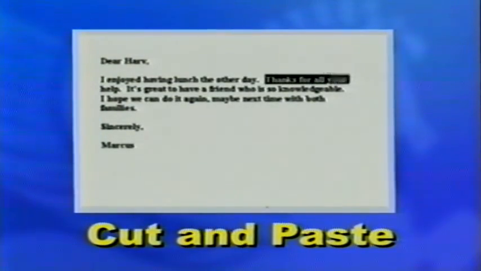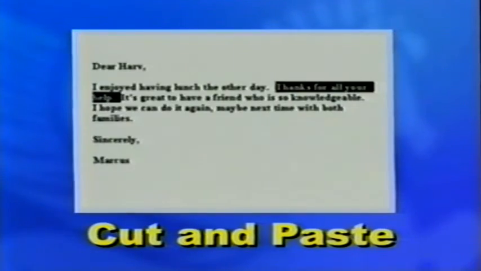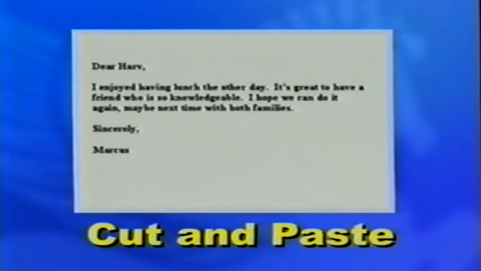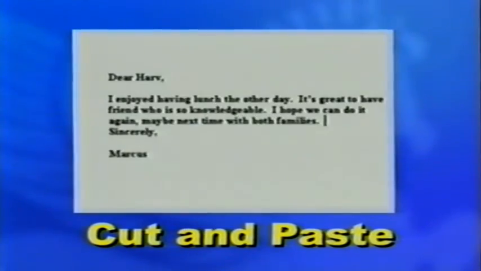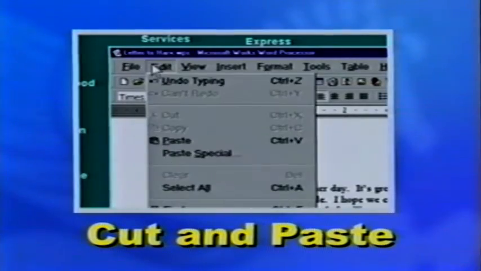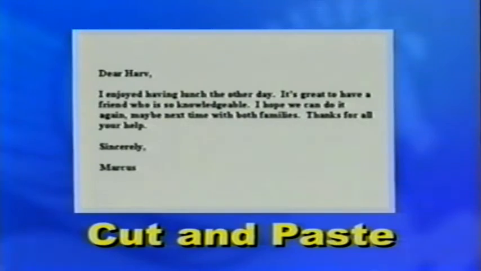Cut and paste. By highlighting a text, then clicking on Edit, you can cut the word or phrase. Then simply move the mouse pointer to where you want the phrase to go, and click on Paste. Cut and paste has made retyping a document a thing of the past.